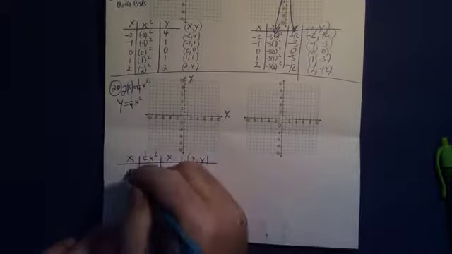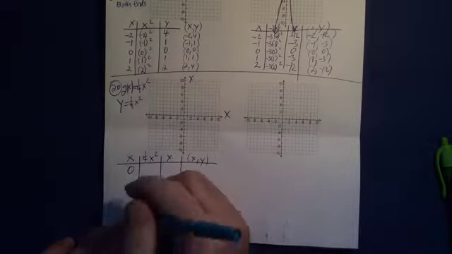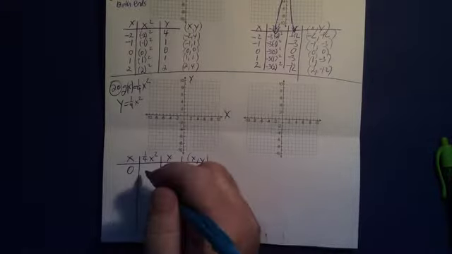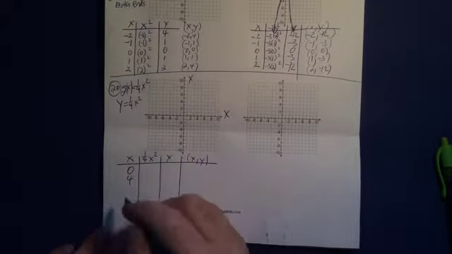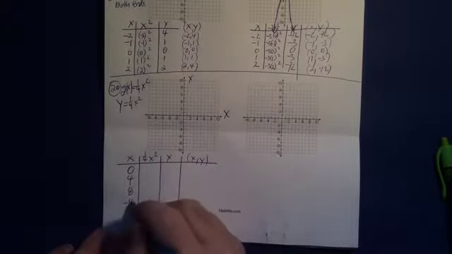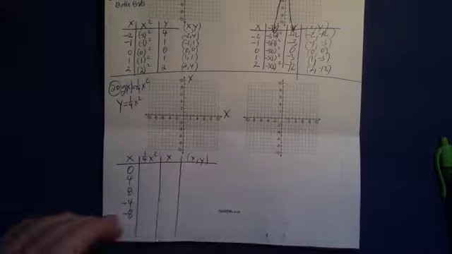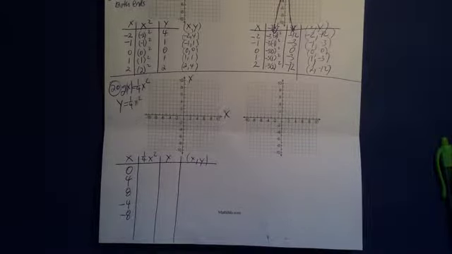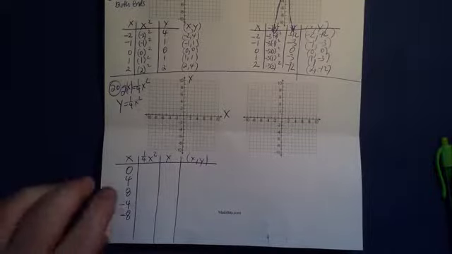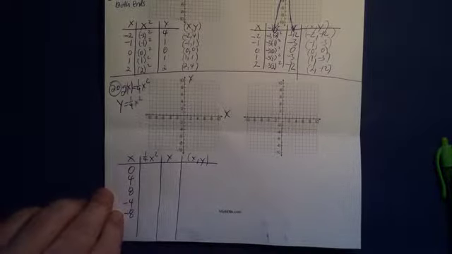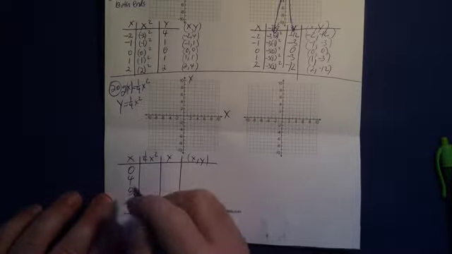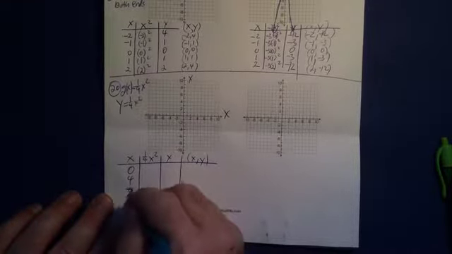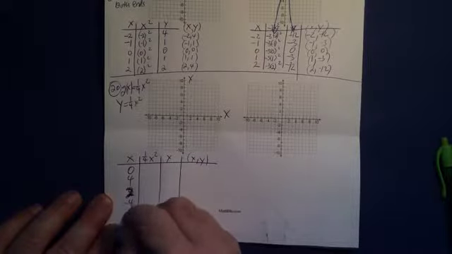So I'm going to pick values of 0, and let's pick 4, 8, -4, and then -8. So I'm picking these a little out of order. What I'm trying to do is pick values so that when I square them, actually I don't need to pick those. Let me pick 2, and let me pick -2.